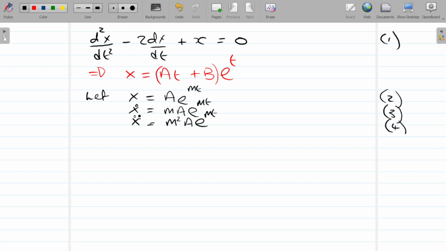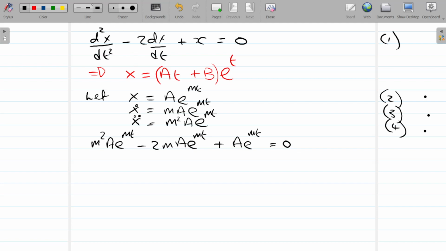Now, if we substitute equations 2, 3 and 4 back into equation 1, we get m squared a e to the mt minus 2m a e to the mt plus a e to the mt equal to 0.